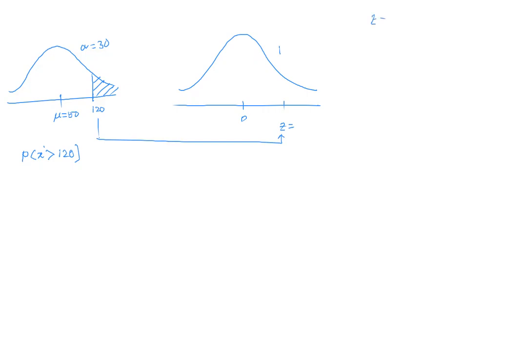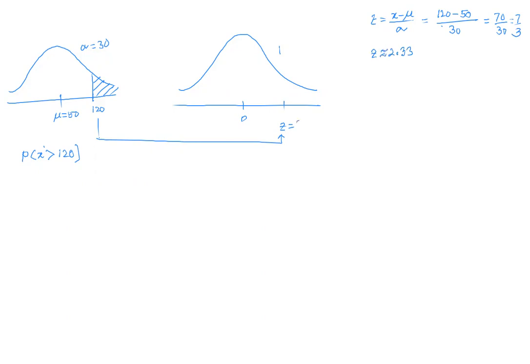Z is equal to x minus mu over sigma, which is x is 120 minus mu is 50, right? Mean 50 divided by sigma is 30. So that's 70 over 30, which is 7 over 3. But z is equal to 2.33 approximately.